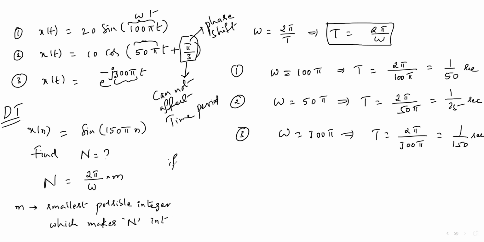That means if no integer value of m makes capital N an integer, then the given signal x of n is non-periodic.